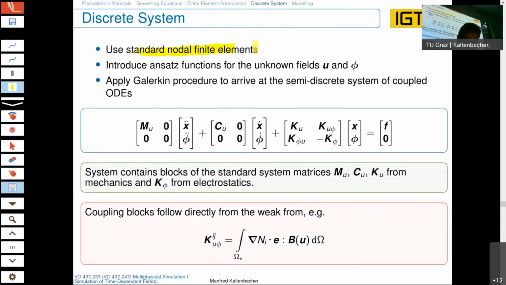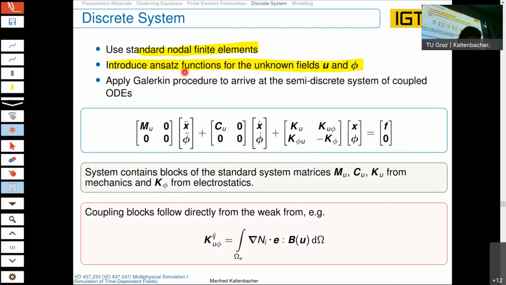We can use our standard nodal finite elements where the unknowns are at the nodes of our finite elements. We have a weak formulation as a function of the mechanical displacement and the scalar electric potential.